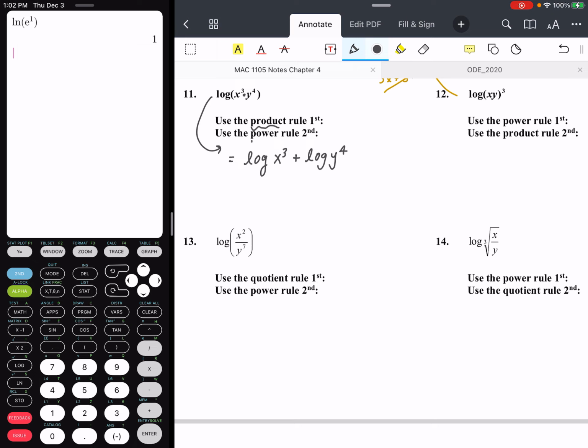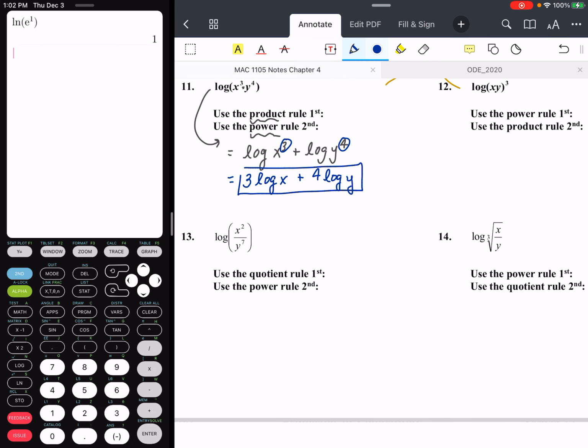Now that we've done that, we can further expand this, change colors. We can further expand this by using our power rule. So I'm going to pull these two powers forward. 3 times the log of x plus 4 times the log of y. Okay. Now on to number 12.